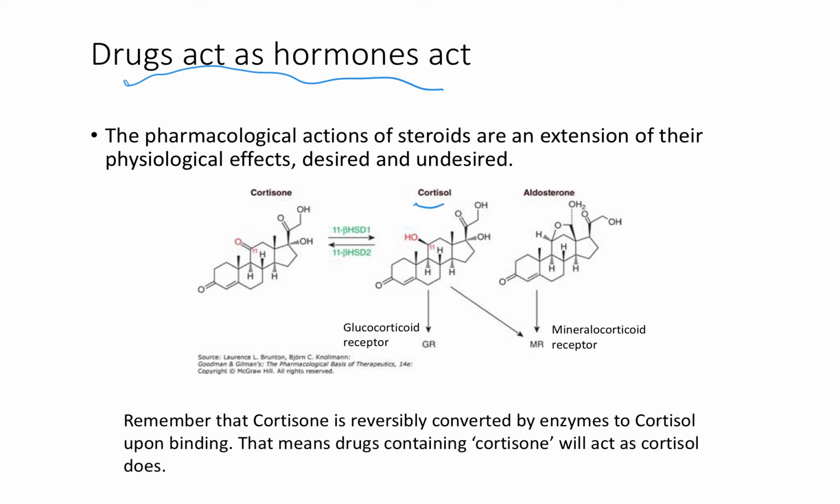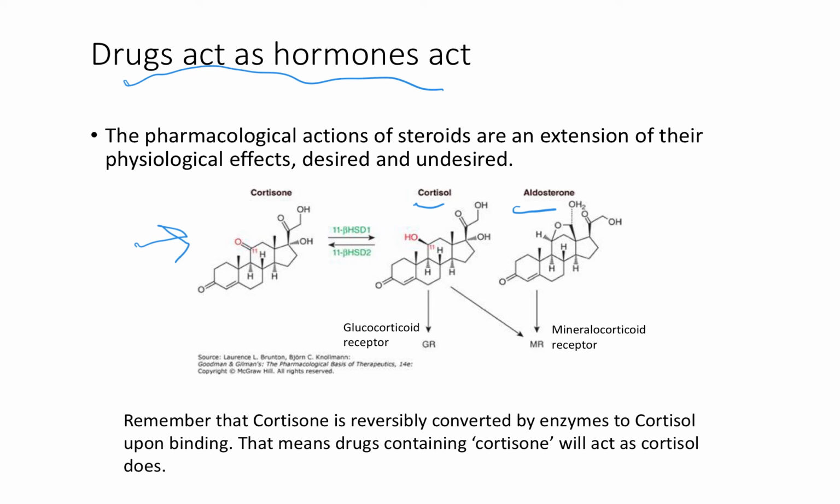Remember our two native substances, we've got cortisol, we've got aldosterone, and just a little note that when we administer cortisone, because of this enzyme that exists, cortisone is reversibly converted into cortisol. So whenever we give a cortisone type substance, we'll make it into cortisol.